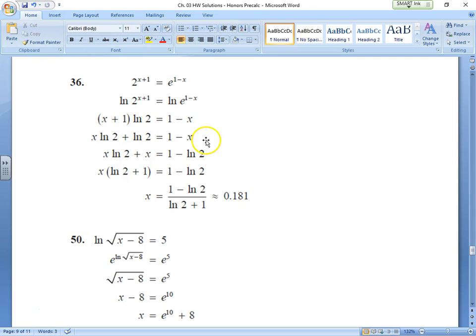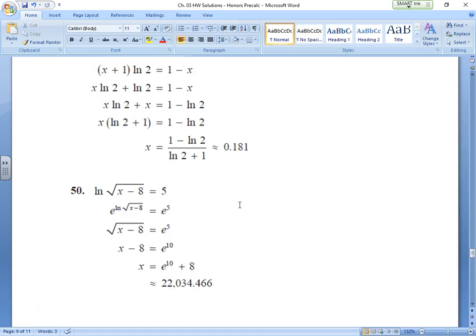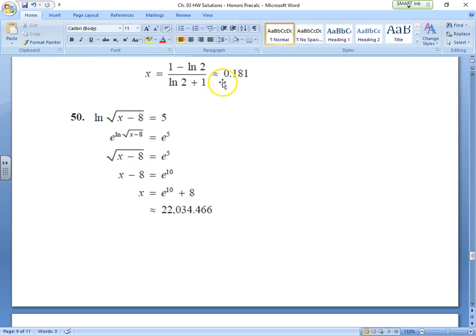Get all the x stuff on one side, all the non-x stuff on the other. Pull out the x, divide, and there it is. Some of you thought you could cancel out, but you're killing poor little kittens, because if you put them in parentheses, they do not match. Decimal will be 0.181. A couple more seconds. You can still see the answer right there.